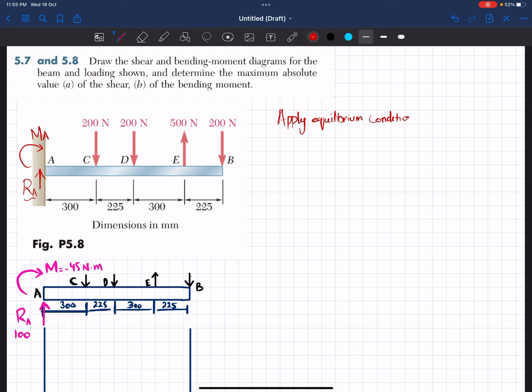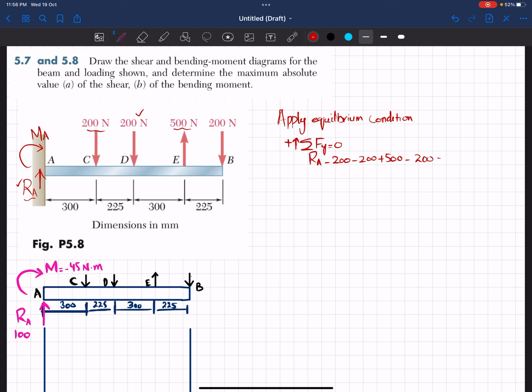The first condition is that the sum of all forces along the y direction must be equal to 0, taking upward force as positive. One force is RA, which is upward. The second force is 200, which is downward, so minus 200. The third one is also 200, downward, minus 200, the fourth force is plus 500, and the other one is minus 200.